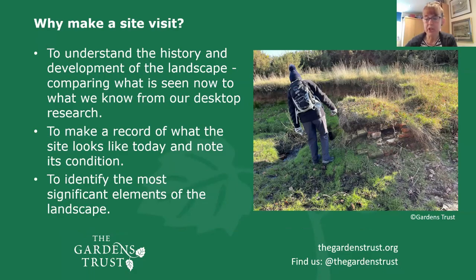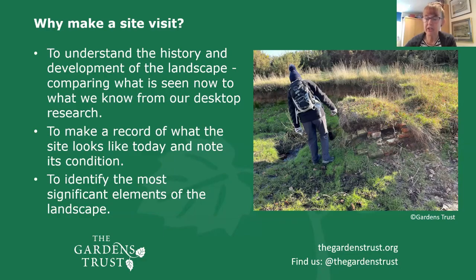So what is it that we want to achieve from a site visit? Well, we want to understand the history and development of the landscape by comparing what can be seen on the ground now to what we know from the archives, maps, and reports that we've been looking at during our research. We want to record what the site looks like today and make a note of its condition.